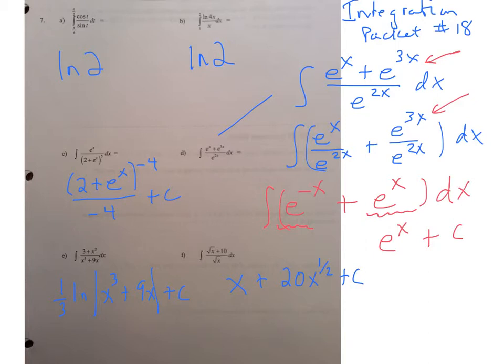Part of my recommendation on how to find the integral of e to some other function is to try u to be whatever the exponent is. So in our case, u would be negative x, and our du would have to be negative dx. Really what I'm doing is integrating e to the negative x dx.